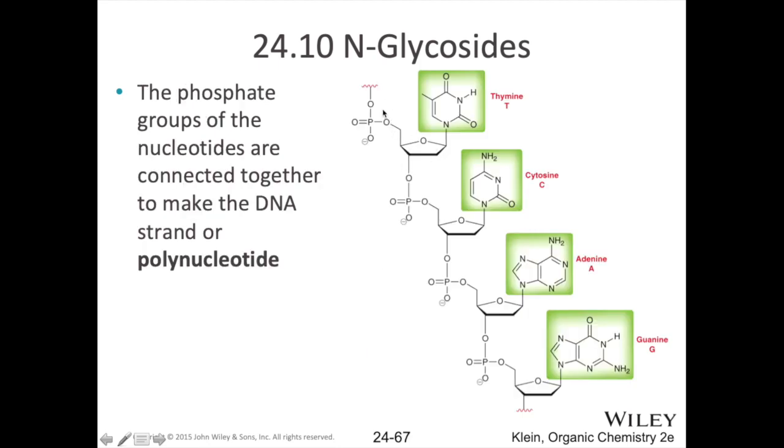Here you can see how each of our nucleotides are linked together to form the backbone of your DNA strand. Okay, so this is basically how you form that phosphoester. Notice that the phosphate group on one sugar, one ribose, connects to the alcohol group on another ribose.